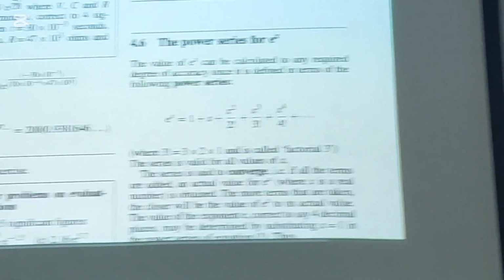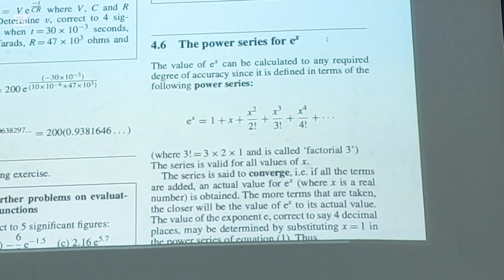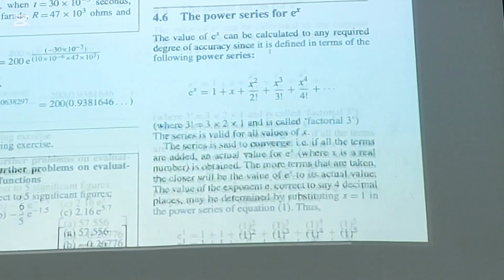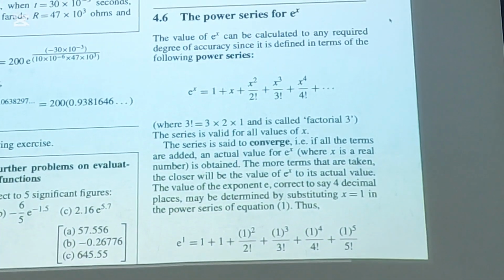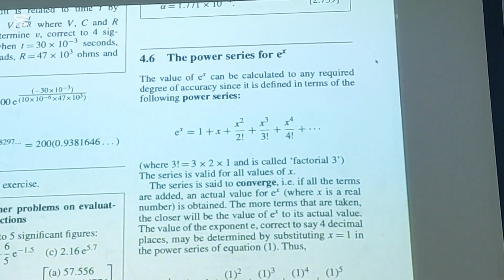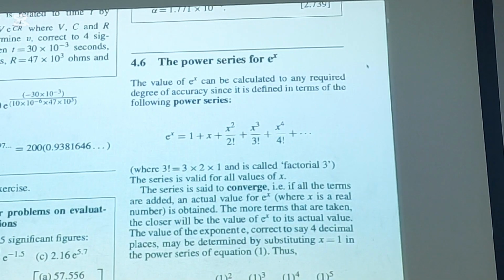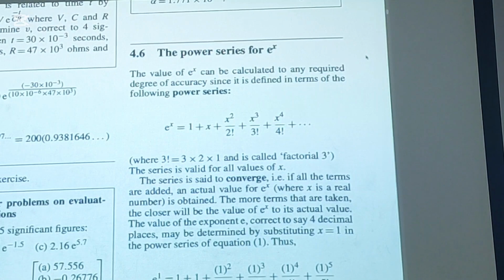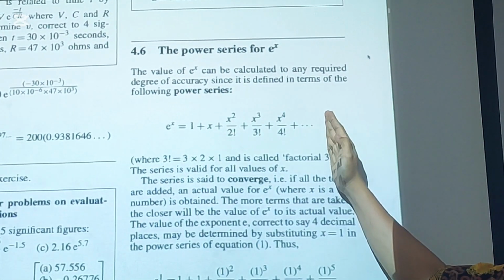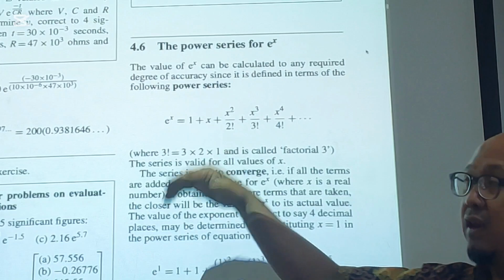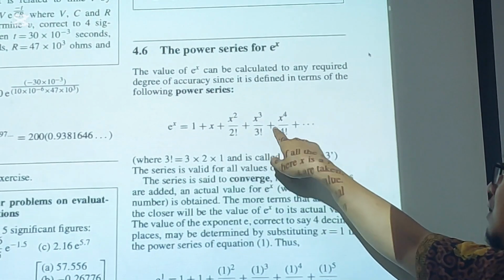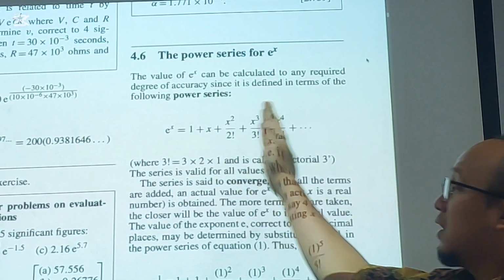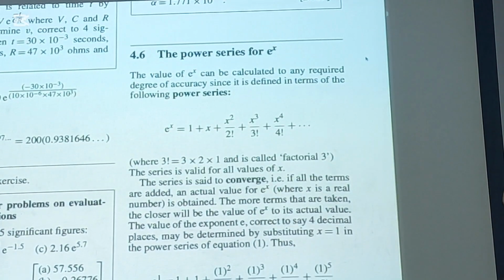Okay, we go to the power series of A power by x. The power series means that the function of e to the x will be transformed into a series of numbers. The series is indicated by the plus mark. It means the series will have many plus marks.